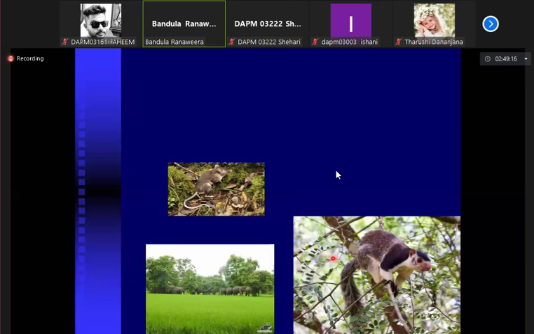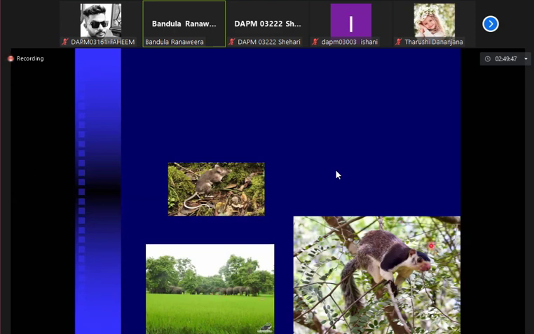in the recent past, there were many discussions, news items regarding giant squirrels and another animal. Can you remember? In mass media about 2 months ago. As a serious pest now, elephants are destroying paddy fields.